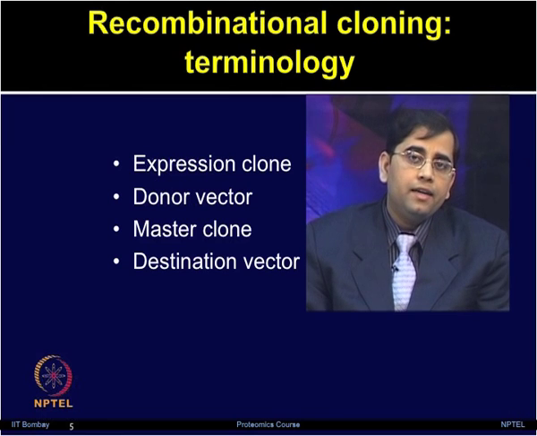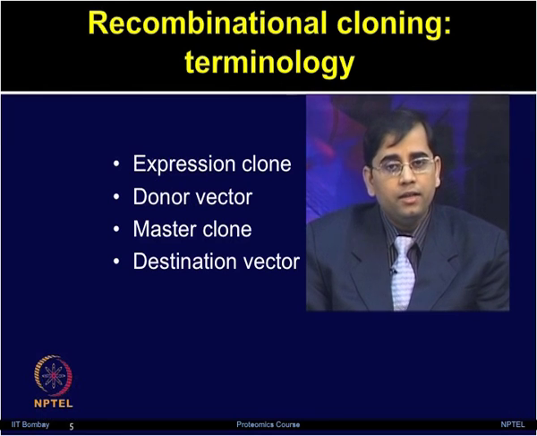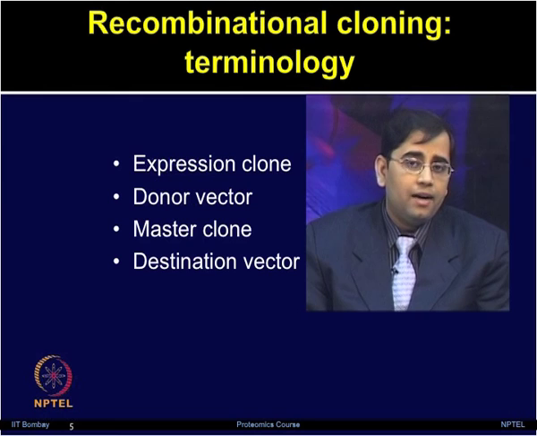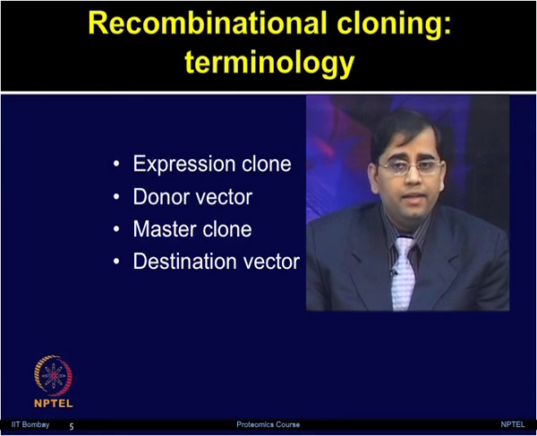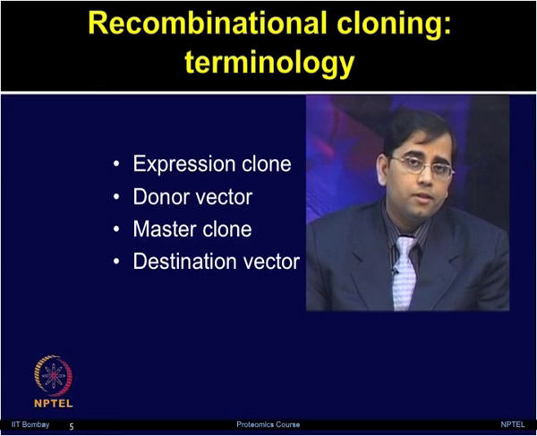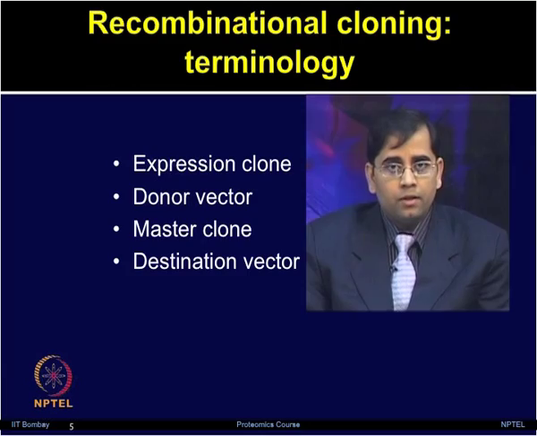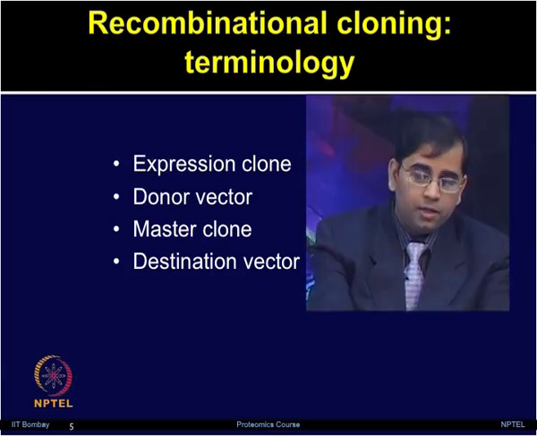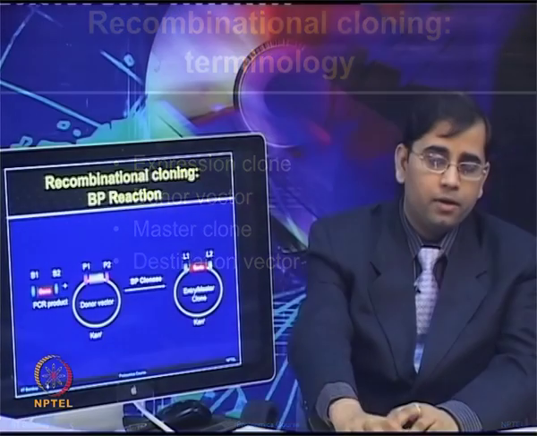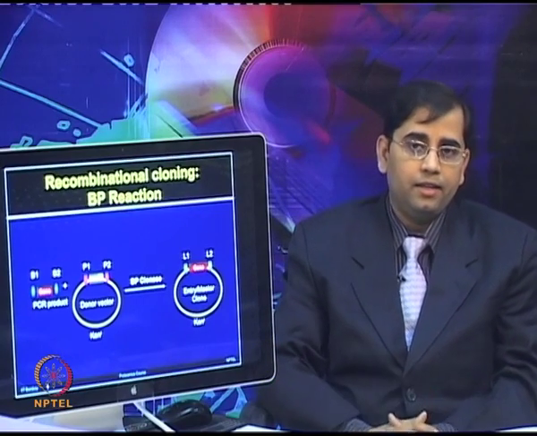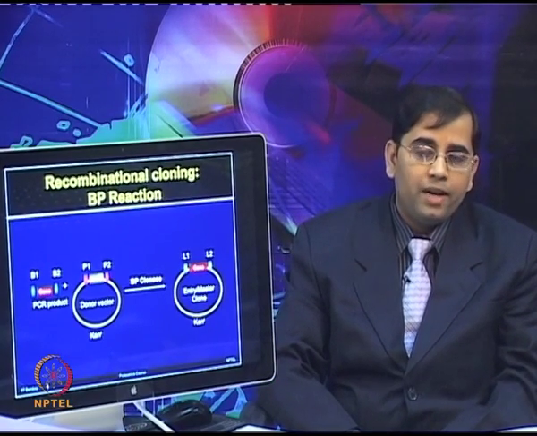This is a vector containing a counter-selectable gene flanked by attR sites, which interacts with genes from the entry clone to produce an expression vector in the LR reaction. Now, slowly these terms will become easier for you to follow when we explain this in subsequent slides, where I have shown you some pictorial representation of these reactions.